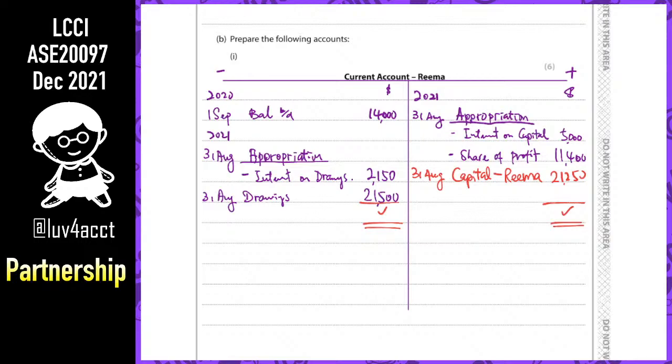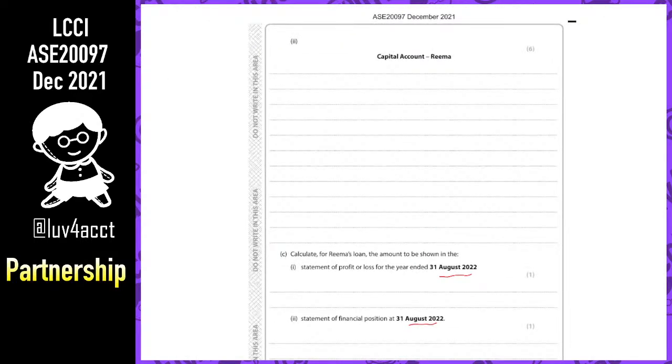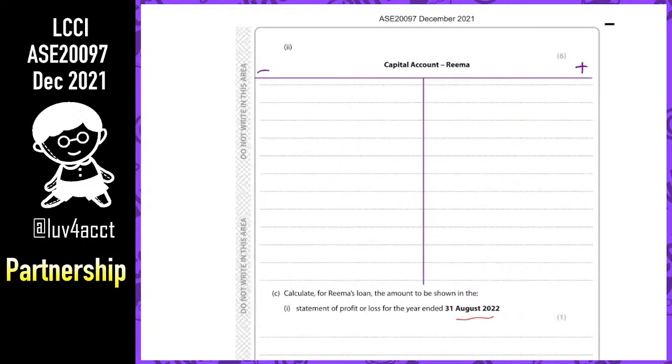Finish. Capital account for the next part. Okay, again, opening balance, it is capital in nature, equity is on the credit side. So we have year 2020, 1st of September, balance brought down being 100,000.